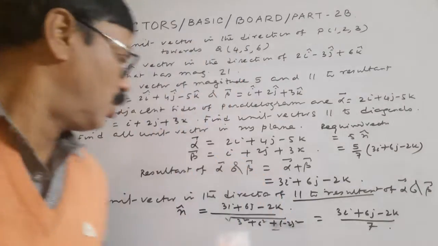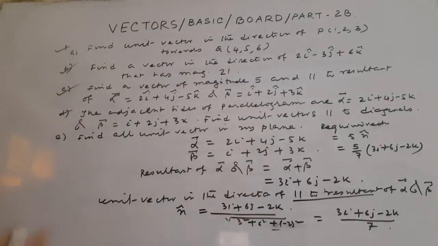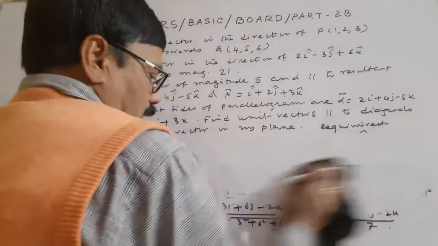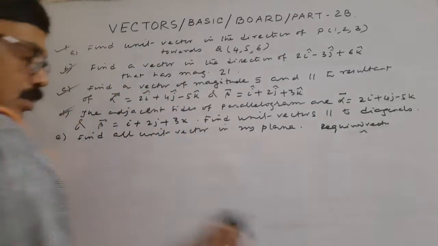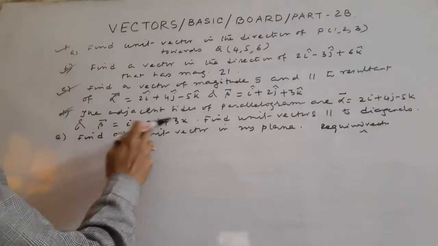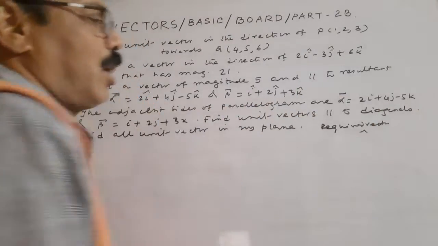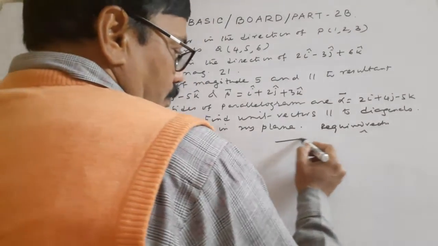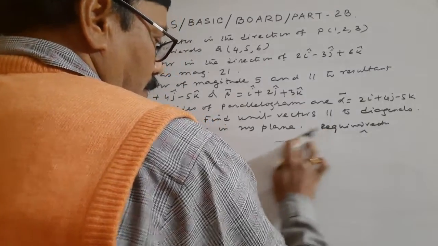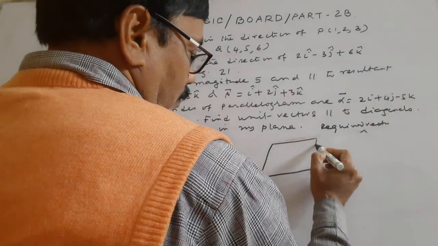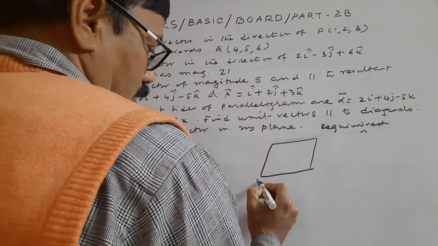Next, problem number D. So all are the same type and very simple also. Look, the adjacent sides of a parallelogram are represented by this. Find the unit vector parallel to the diagonals. So look, this is OA.